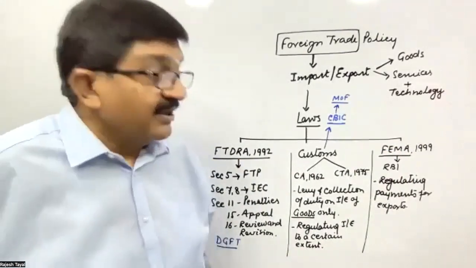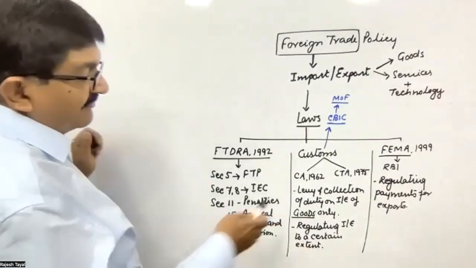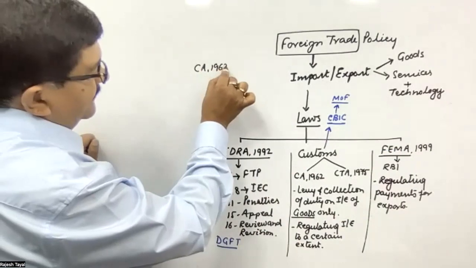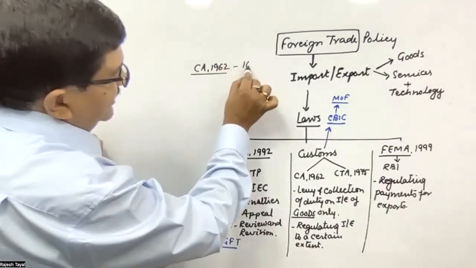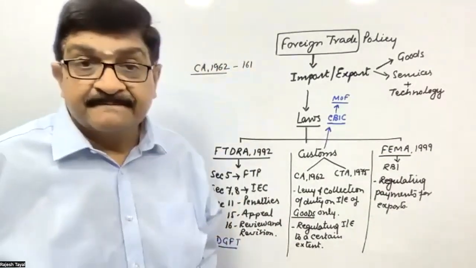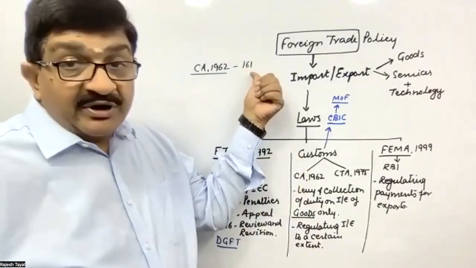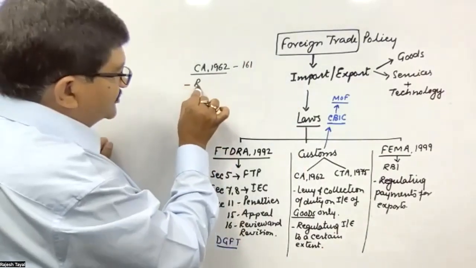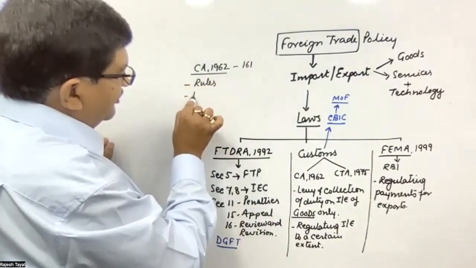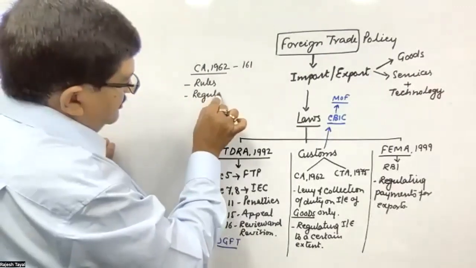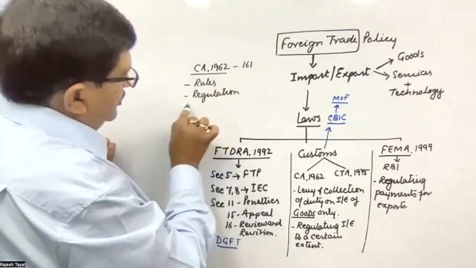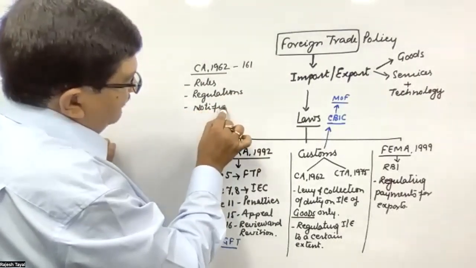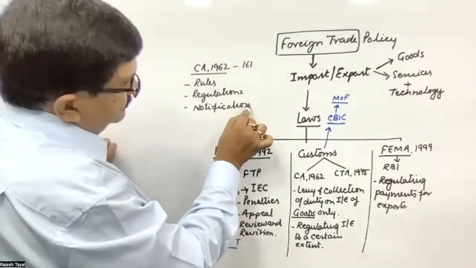100% syllabus, right? Only challenge is that when I say Customs Act 1962, prima facie it has 161 sections, but this is not important. What is important is rules, regulations, notifications, which are not part of the act but are very, very relevant for understanding law.